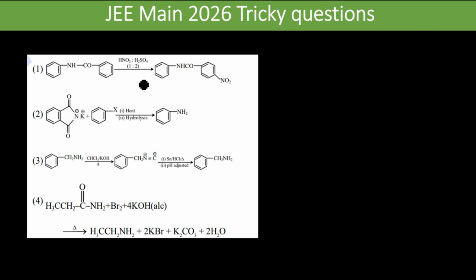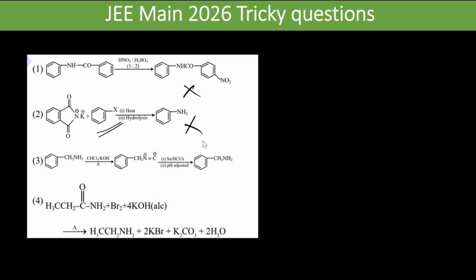That is not a correct reaction, right? That is a wrong product. Let me know if you know what product it will form. And here you see I have this phthalimide reaction. Aromatic halide does not give the Gabriel phthalimide reaction, right? So this is also not a right answer.